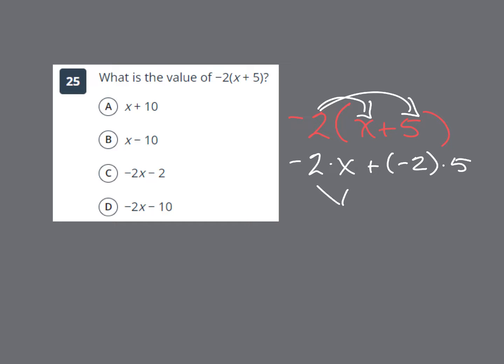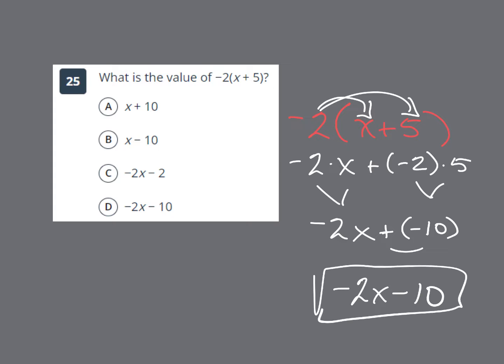Negative 2 times x is negative 2x plus negative 2 times 5 is negative 10. That's icky. So I'm just going to make that say negative 2x minus 10. We have one of those. Let's see. What do we have? Ah, there it is. It's D.